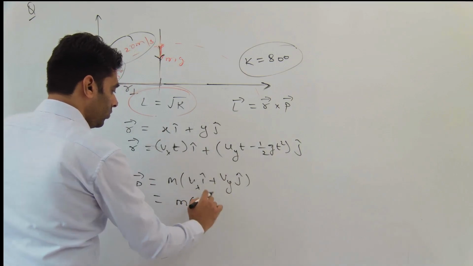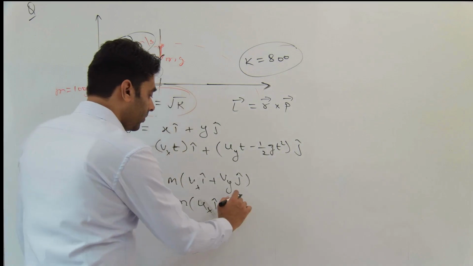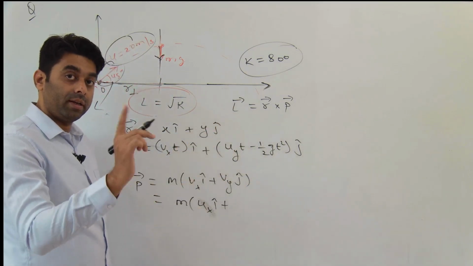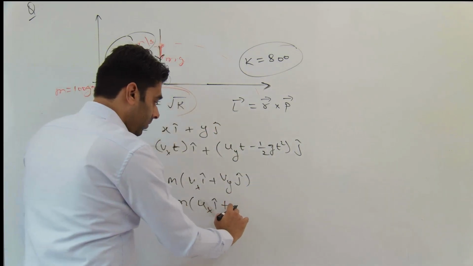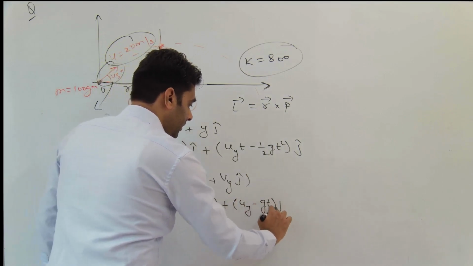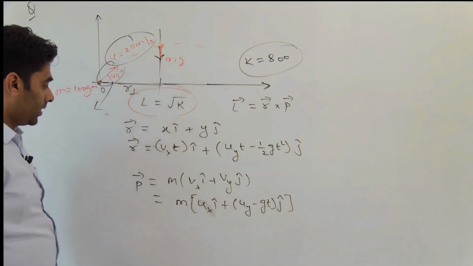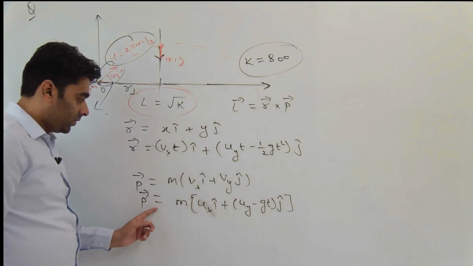So ux i cap plus the Vy value at time t. Vy will be, from v equals u plus at, in y direction uy minus gt, j cap. This is our momentum expression.